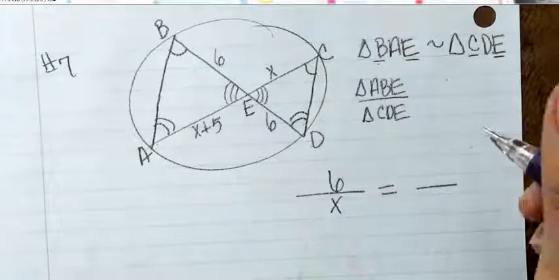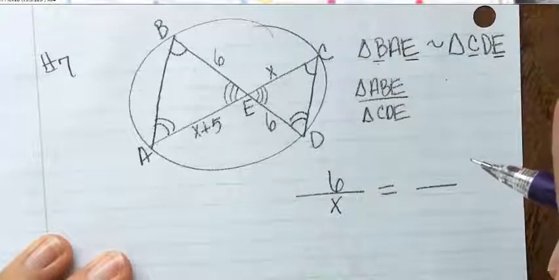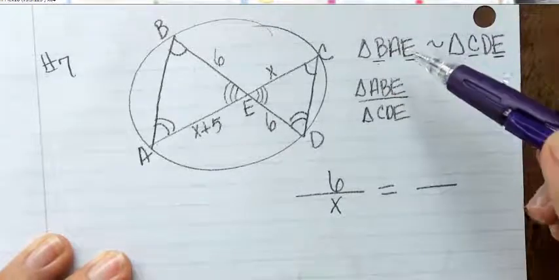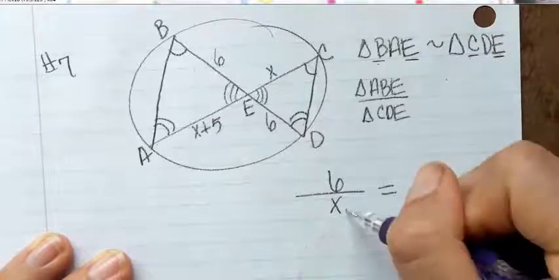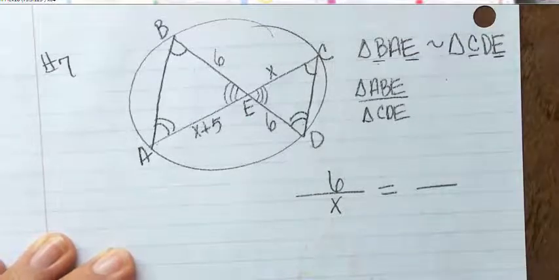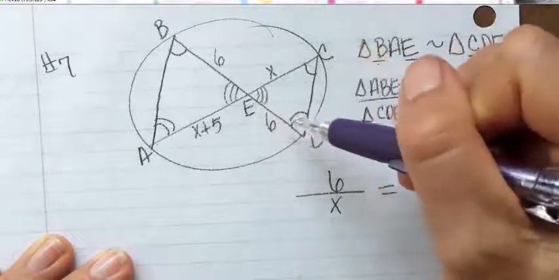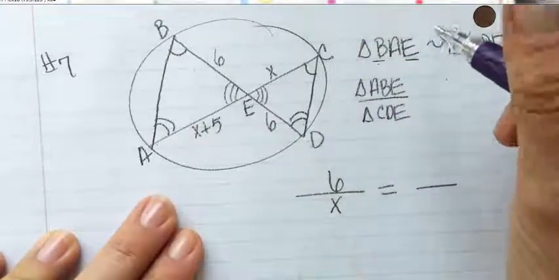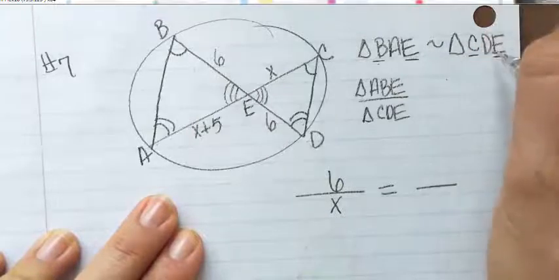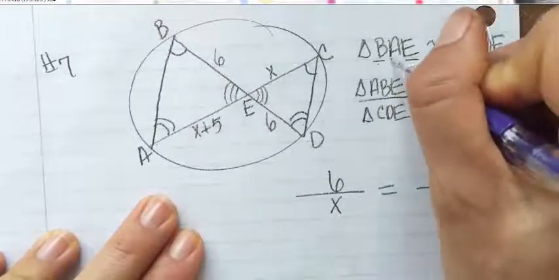Then I need another side, and I need to involve x. X is CE. Oops, I already did that. Never mind. How about ED, because that's definitely a value. ED will go with EA.